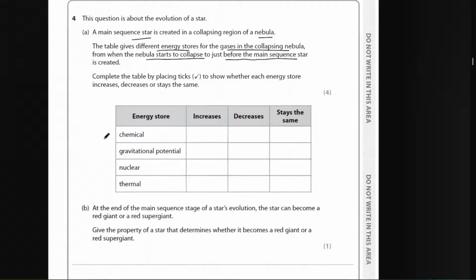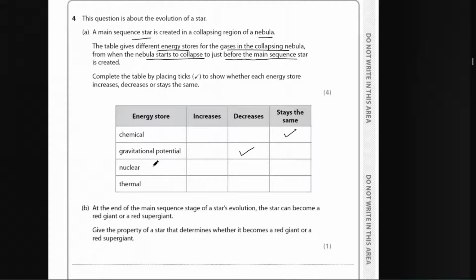Before a star is created, there's no change in chemical energy. So chemical energy stays the same. What happens to the gravitational potential? Since the gases and dust collapse into a center at high speeds, they get closer and closer to each other. So gravitational potential decreases.